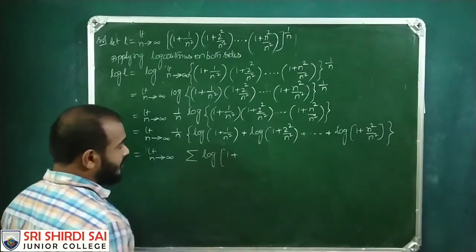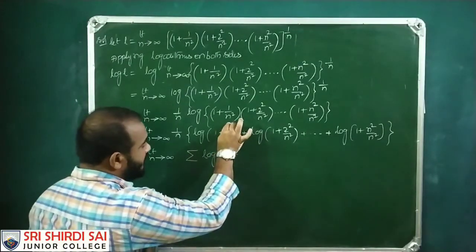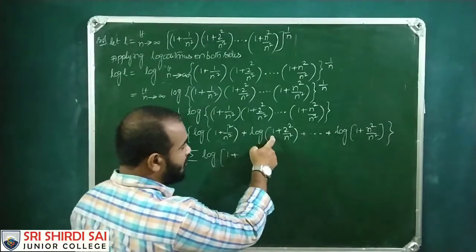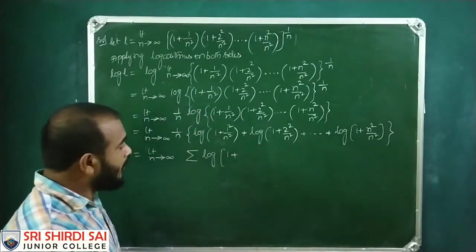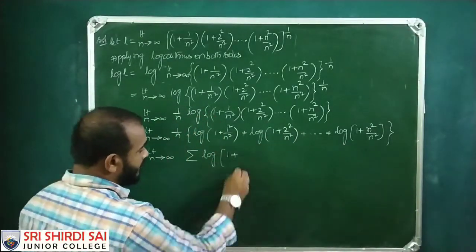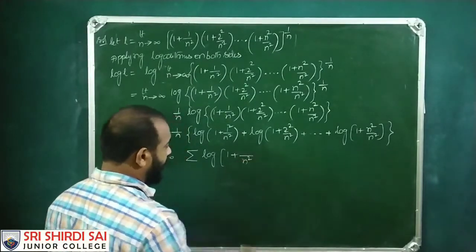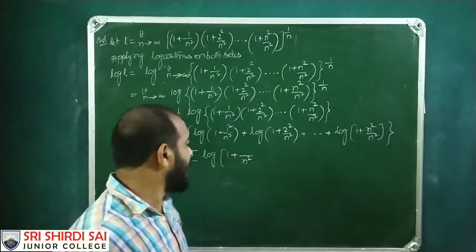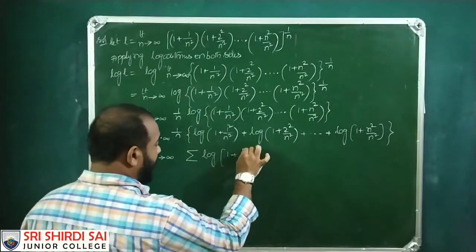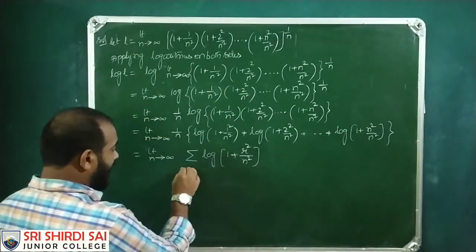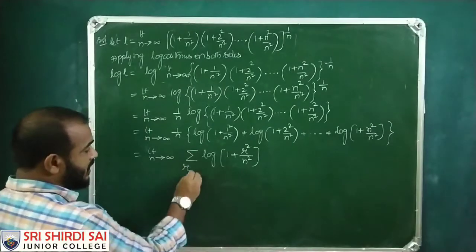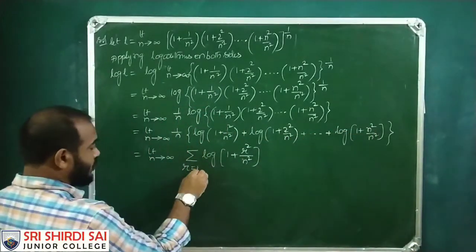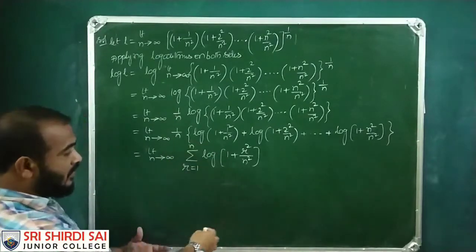The 1 can be written as 1 squared also. In every term, 1 plus is common and by n square is also common, and the numerators are 1 square, 2 square, up to n square. This can be replaced with r square, where r starts from 1 and ends at n.